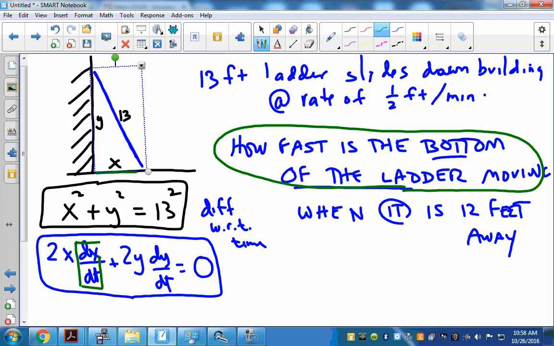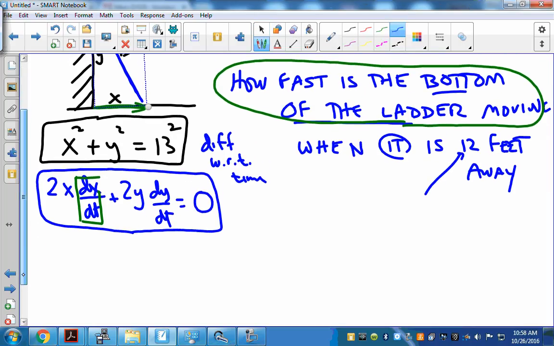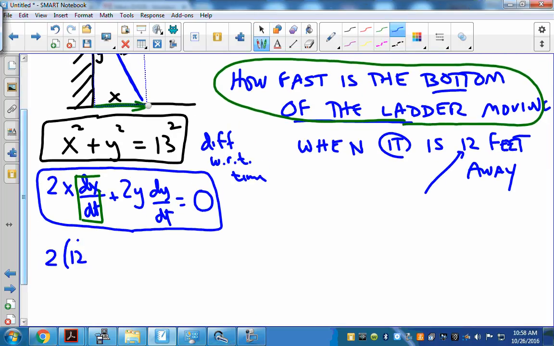This is the rate at which the bottom of the ladder is moving. So that's what we need. We must have all the other pieces of information. Let's see. We need an x value. Well, I think they tell us that right here. x is 12, so we can put that in. So 2 times 12. We don't know dx/dt. That's what we're looking for, so we'll leave that there.